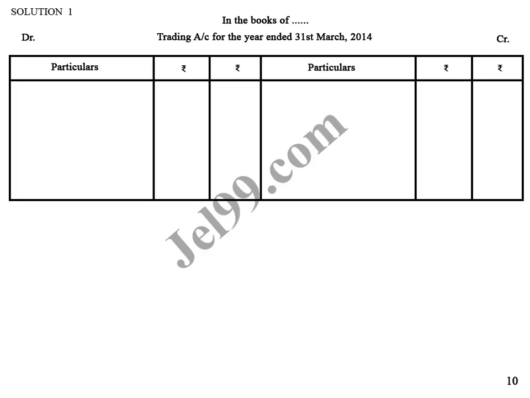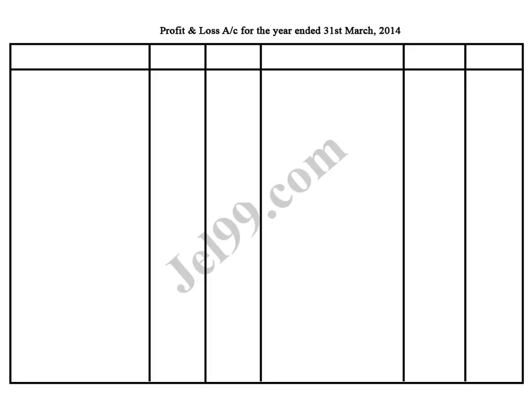Solution 1. First we will draw the format of trading account in the books of, trading account for the year ended 31st March 2014. Debit side, credit side, particulars rupees, particulars rupees. Then profit and loss account for the year ended 31st March 2014.